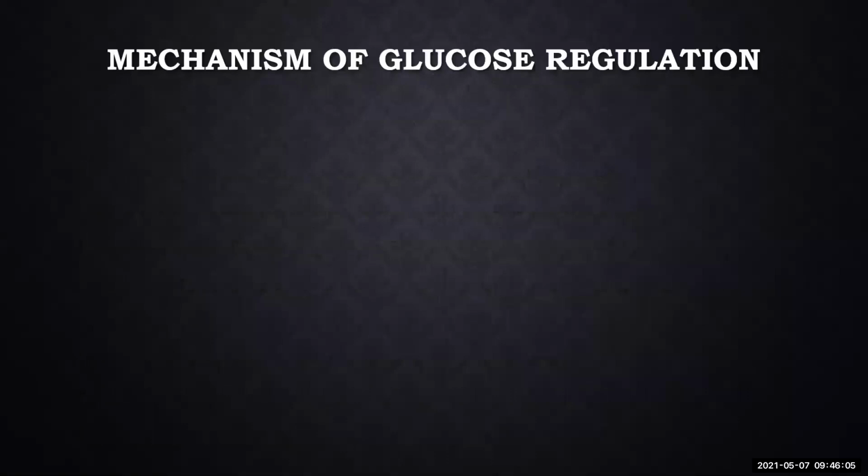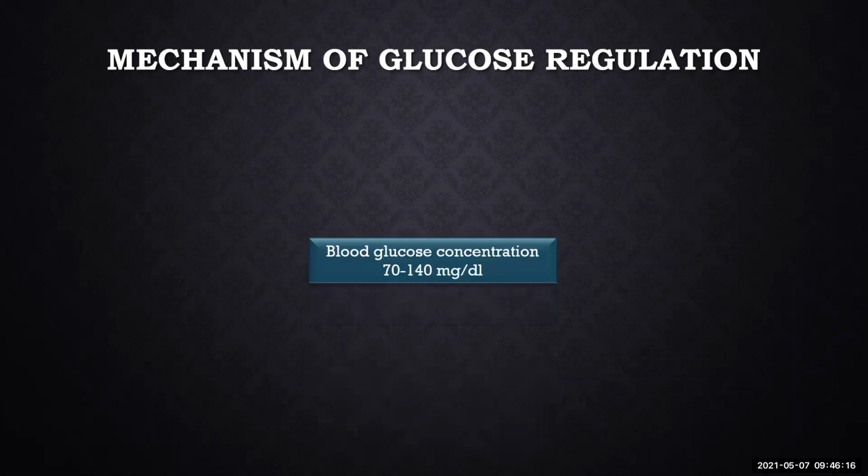Right. So now the mechanism is very important: how our body actually regulates or controls the blood glucose within the normal range. First of all, let us understand the normal blood glucose concentration throughout the day, irrespective of whether the person had food or not, which should be between 70 to 140 milligram per dL.